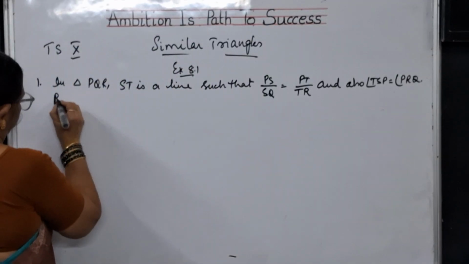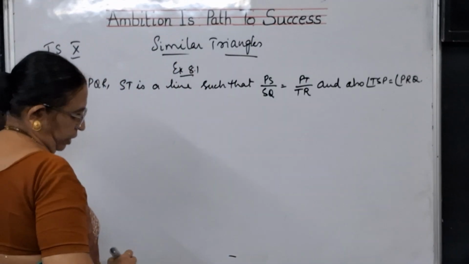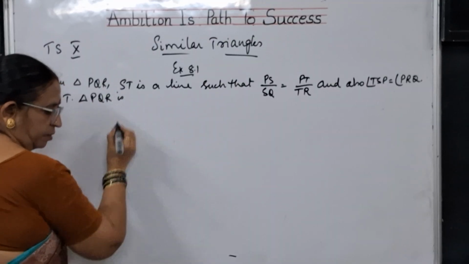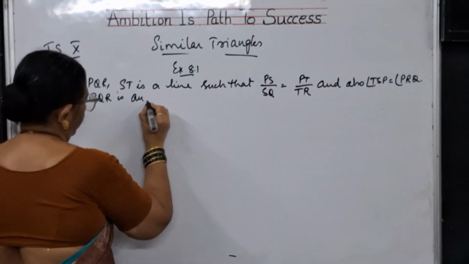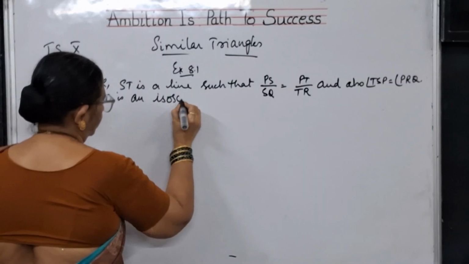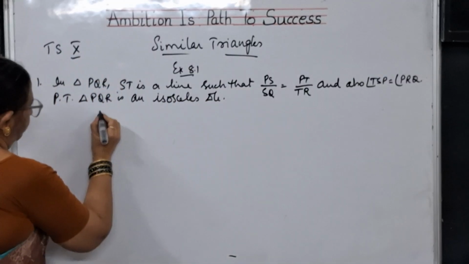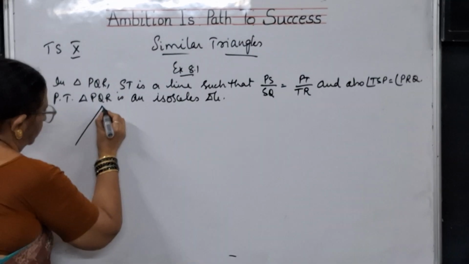Prove that triangle PQR is an isosceles triangle. Figure is given in this way.